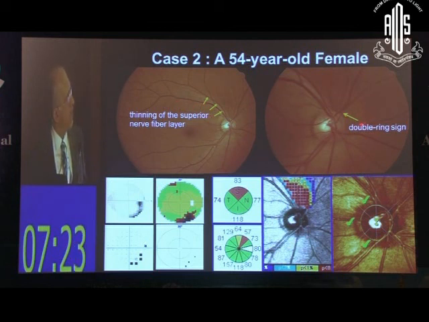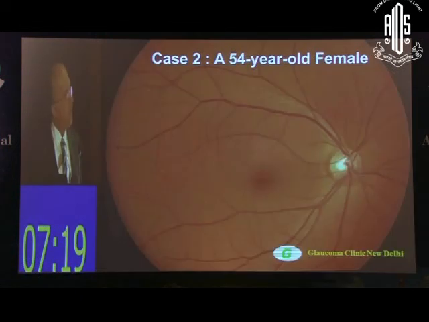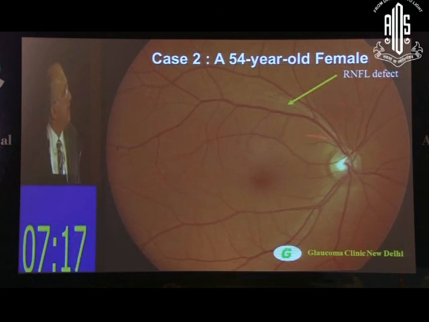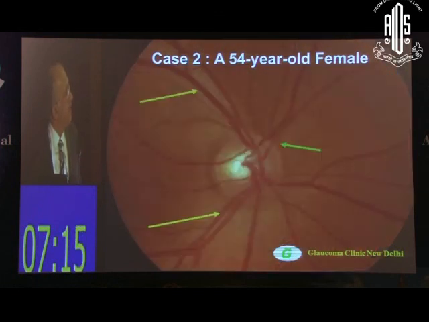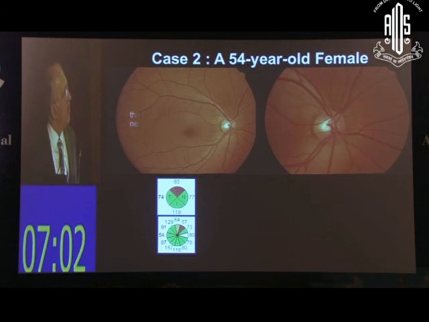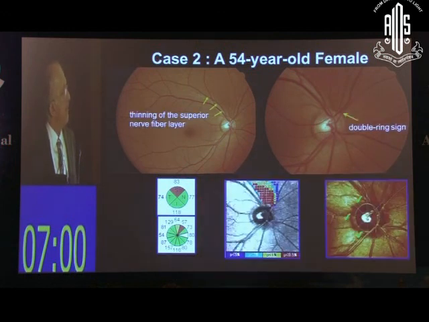There was a double ring sign here because of the pigmentation at the lamina cribrosa. You can see this here. There's an RNFL defect here, which was producing this consistent field defect. And you can see this nerve fiber defect also has a prominence of the superior vascular arcade as compared to the inferior arcade. And this is what was producing the change on the imaging devices.